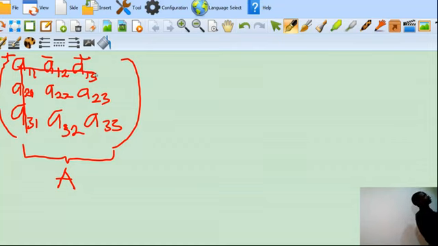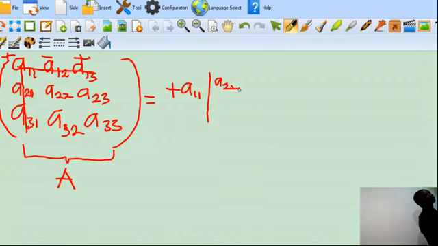Then you bring out that element, which is plus A11. Don't forget the sign, and you put a sign to show that you are calculating the determinant.